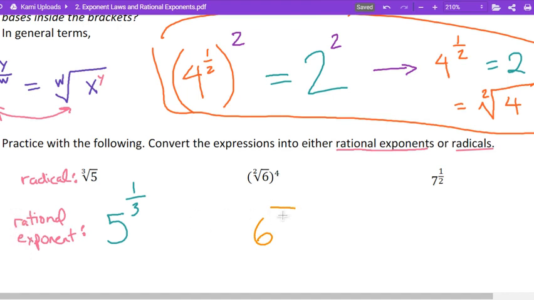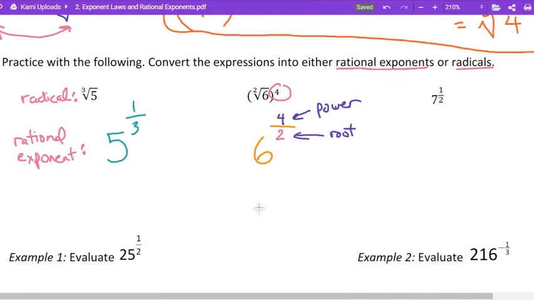The power goes in the numerator and the root goes in the denominator. In this case, I can reduce this fraction, so it becomes 6 to the power of 2, 4 divided by 2. We can evaluate it as 36, since 6 squared is 36.